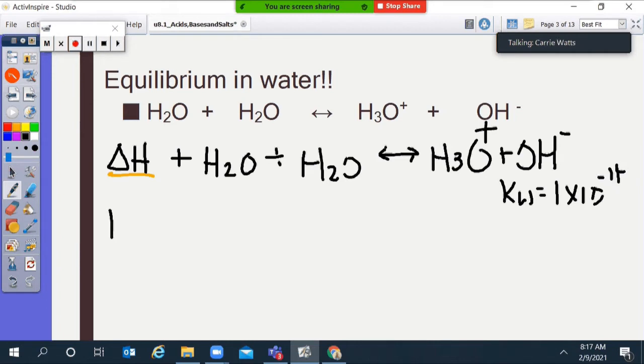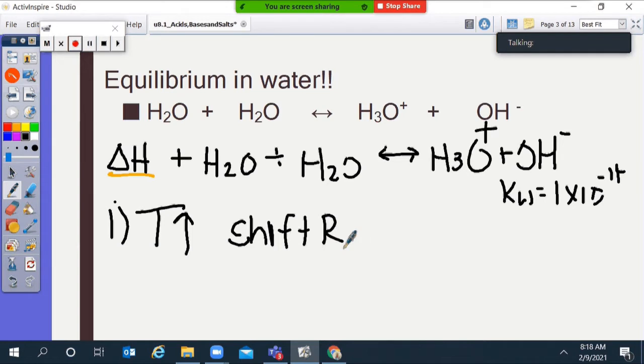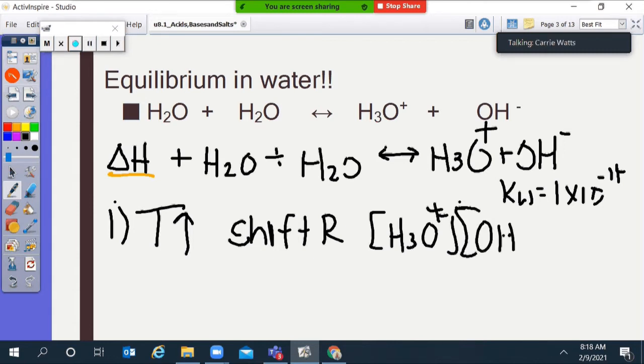Therefore, if the concentration of H3O goes up, concentration of OH will go up, and our Kw will go up. So just to repeat, as temperature is increasing, the reaction will shift to the product side, making more H3O, making more OH ion, and increasing the Kw. So higher temperatures, higher Kw.